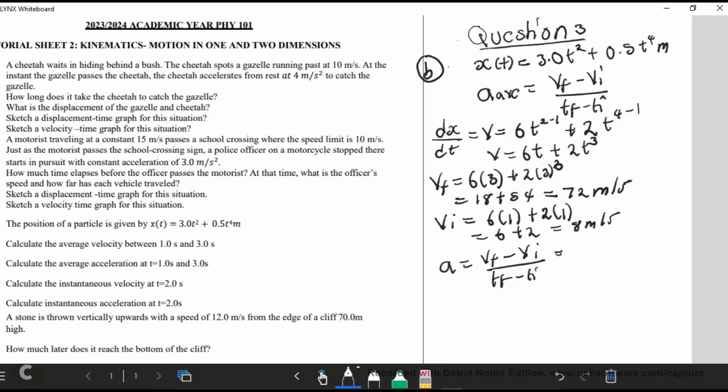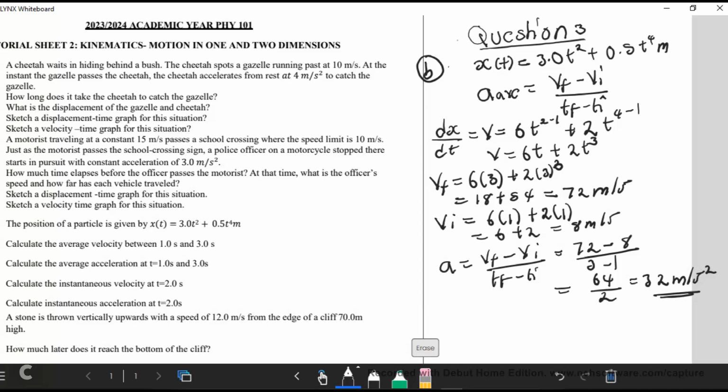The final here is 72 minus 8 over 3 minus 1. You will have 64 over 3 minus 1, which is 2, meaning it will be 32 meters per second squared. This is your average acceleration.